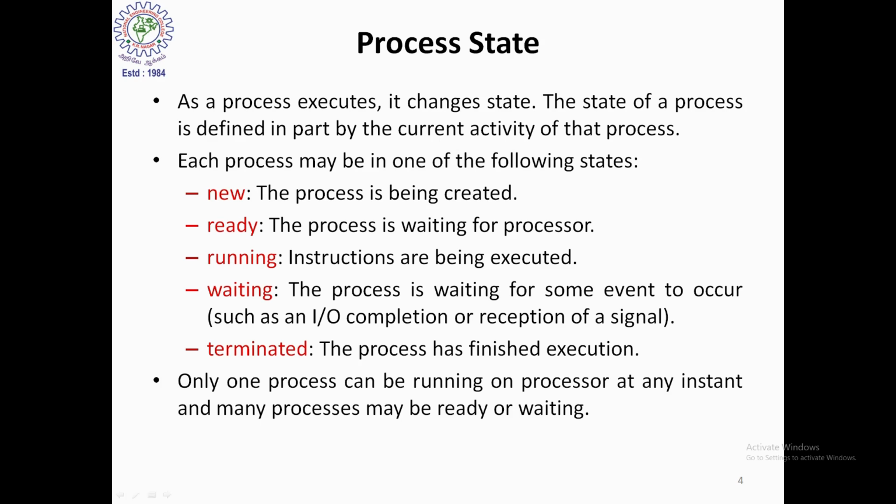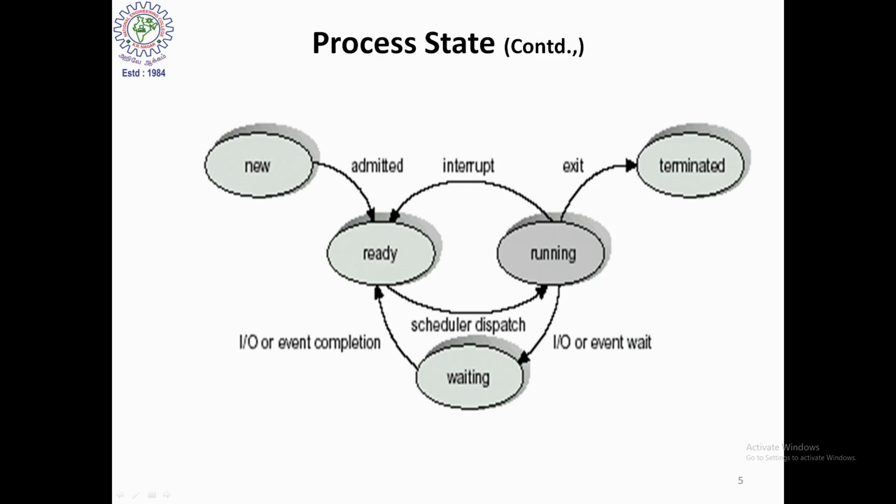Every process will be in any one of these five states, and this is the state transition diagram. This diagram clearly explains how the processes get inside the processor, how they are executed, and at which stage they will be. For example, at first the process is in the new state, and then when it is admitted, it will be ready for its execution, so it will be in the ready state.